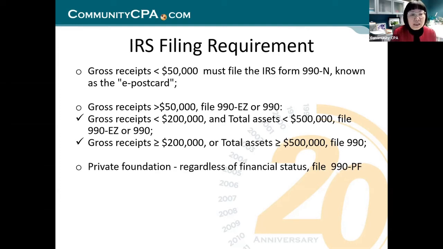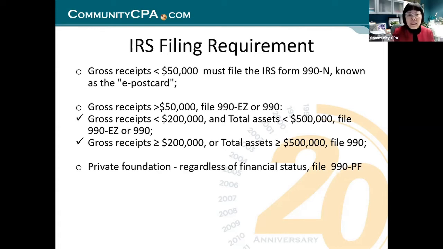With gross receipts greater than 50,000, you can file the easy form or the full form of 990. A lot of organizations qualify for the easy form, but very few of them file it, because they want all the information spelled out for their funding requirements elsewhere. With gross receipts less than 200,000 and total assets less than 500,000, same requirement, you can choose the easy form or the full form.